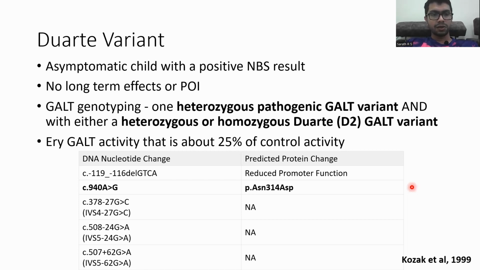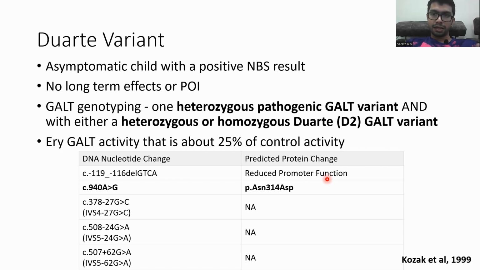So what happens in Duarte variant? What is that Duarte allele? The Duarte allele means there will be a 4 base pair deletion in the promoter region of that gene. So because of which there will be impaired transcription to mRNA. So there will be decreased mRNA levels. However, it won't be very severe. So when do we get a Duarte variant in patients? There are two possibilities.